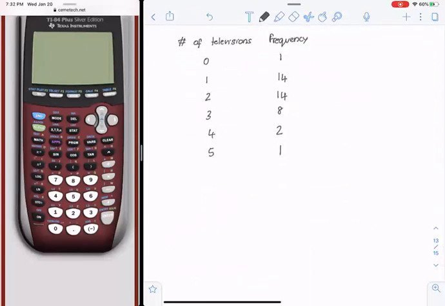If I add, it must add to the total number of households that I observed. So 1 plus 14 is 15, plus 14 is 29, 37, 40. So that adds up to the total number of households that we observed.